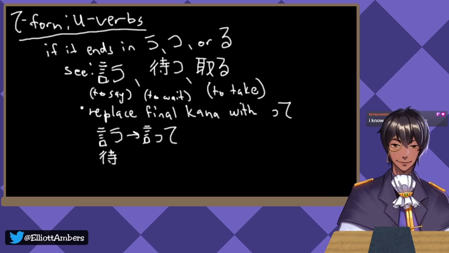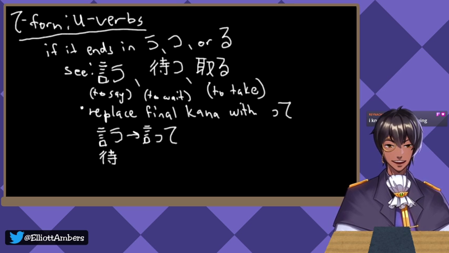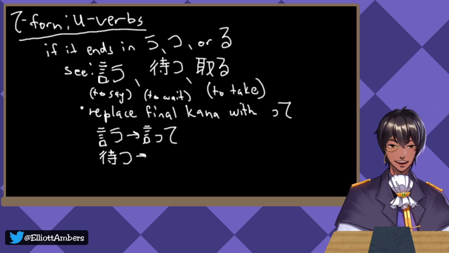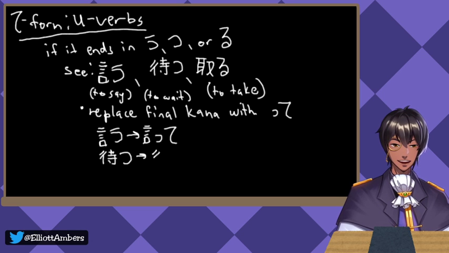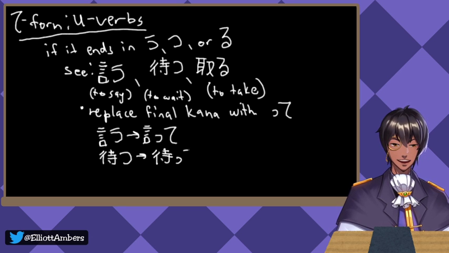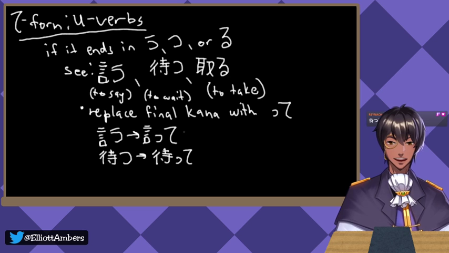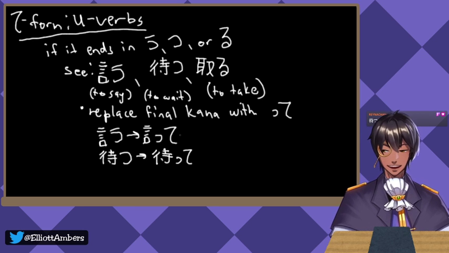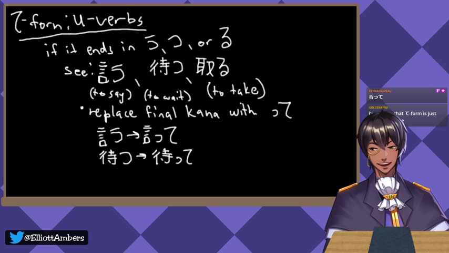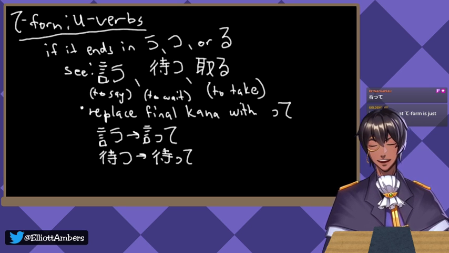And then, matsu. You can see how the suffix works. Matsu becomes matte. Very commonly heard in anime. Matte kudasai, please wait, or chotto matte, wait a little bit. Right.